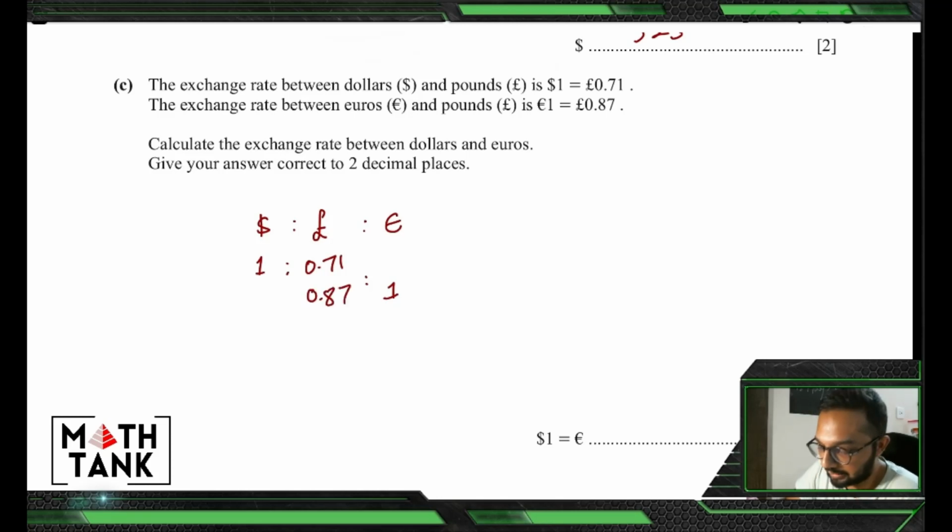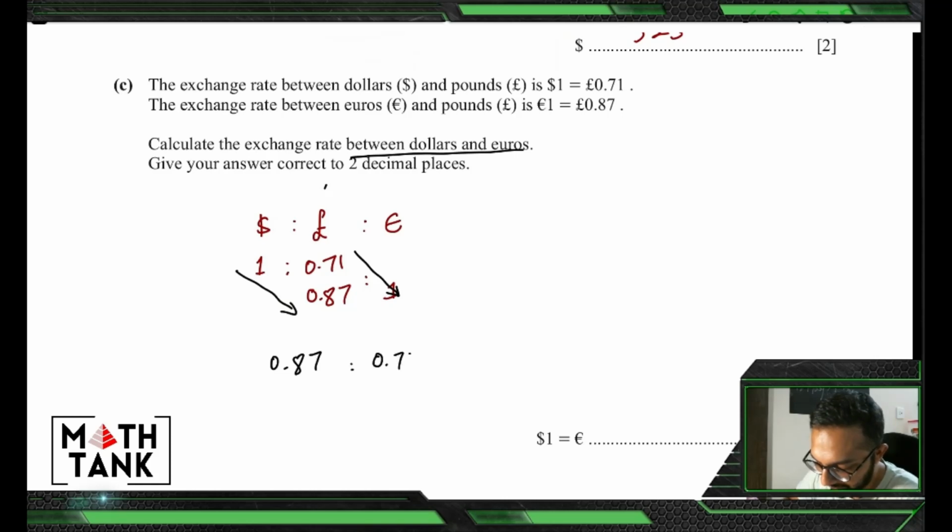Okay, so I've written it like that. Remember, now I want dollars to euros. If you want to eliminate the pounds from the middle, if you've written it in the correct format, you just multiply diagonally. What do you get? You get 0.87 and you get 0.71. Okay, that is dollars to euros. $0.87 gets you 0.71 euros.